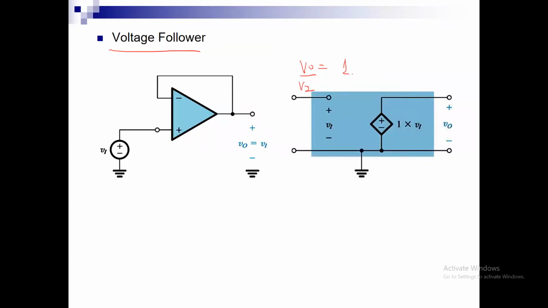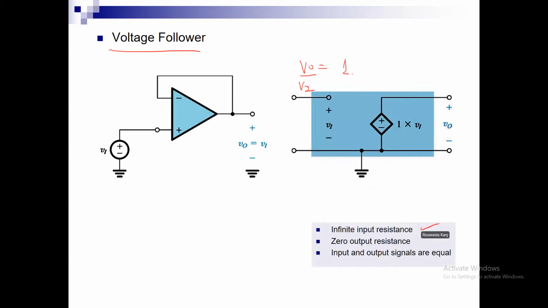It has infinite input resistance because here I equals 0, and it has 0 output resistance because of the short and because we don't have any output resistance inside the circuit. Also the input and output signals are now equal.